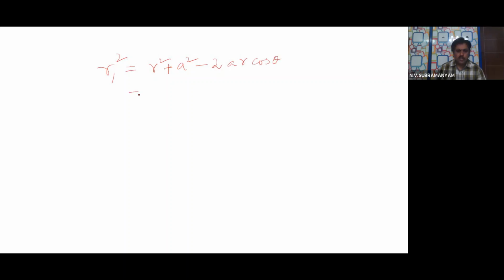I can write this as R square common, 1 plus A square by R square minus 2AR cos theta by R square.